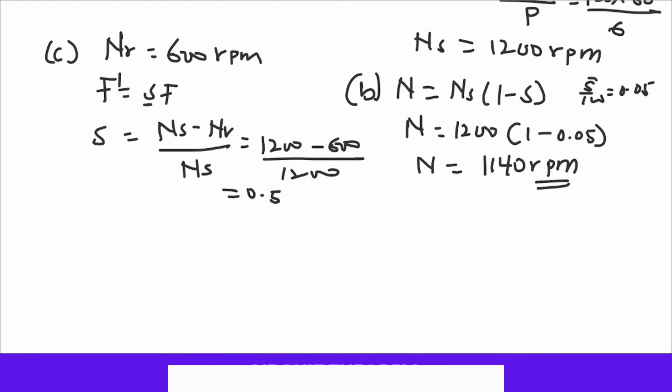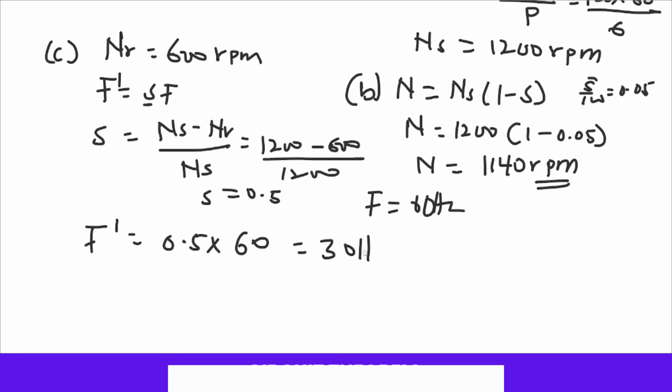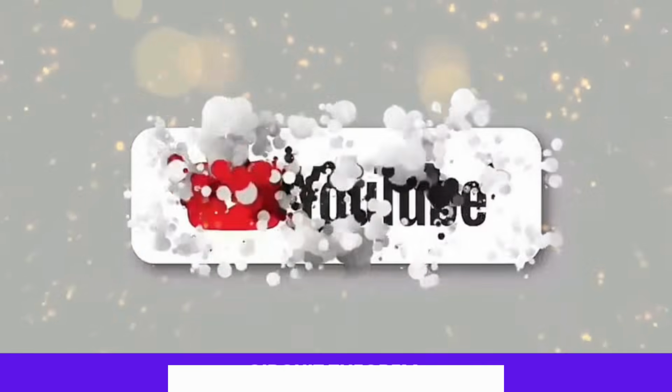So if the slip is 0.5, our rotor frequency is equal to 0.5 times the frequency. Of course, the frequency was 60 Hz, so multiplying by 60 will give us a corresponding value of 30 Hz.